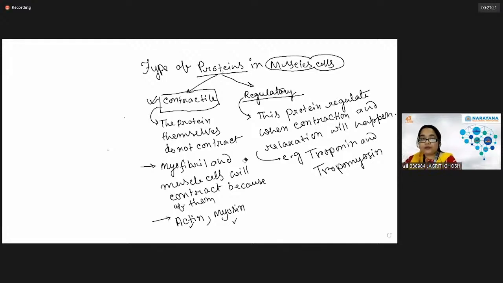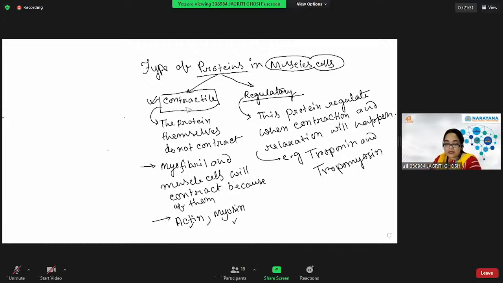Now, when we have understood what type of proteins are present, what are the regulatory proteins and what are the contractile proteins, it's time to understand the structure of the filaments.